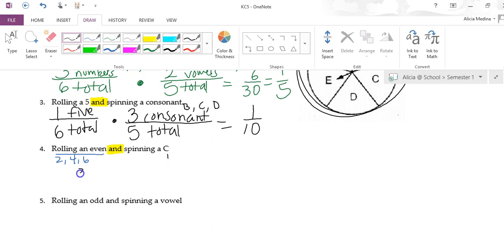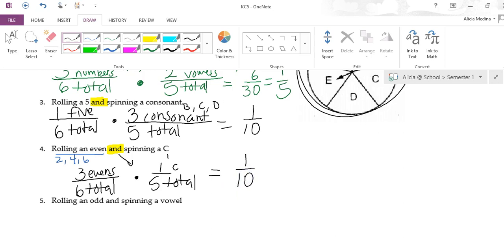So in this case, it's going to be 3 evens over 6 total numbers on our dice. And means multiply. How many C's were there? 1 C out of 5 total letters. And when I multiply these, I would get 1 over 10.